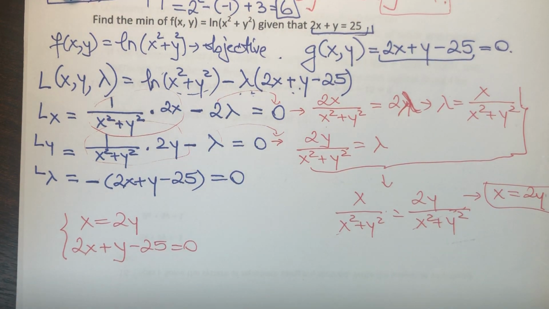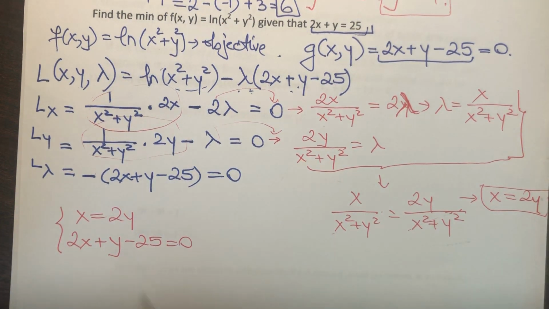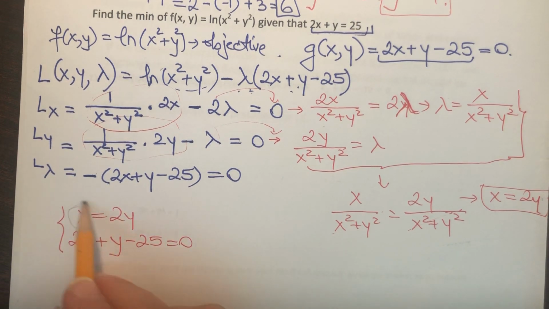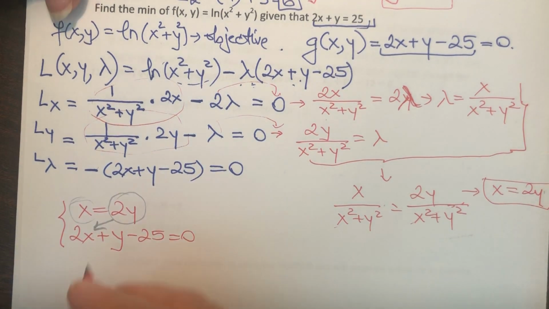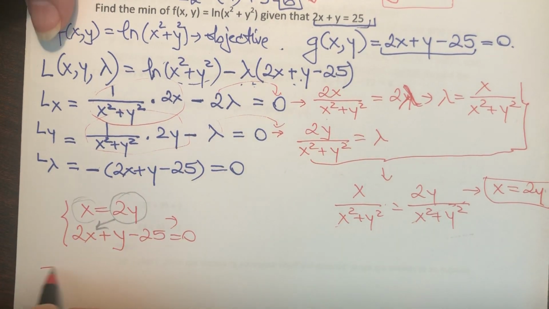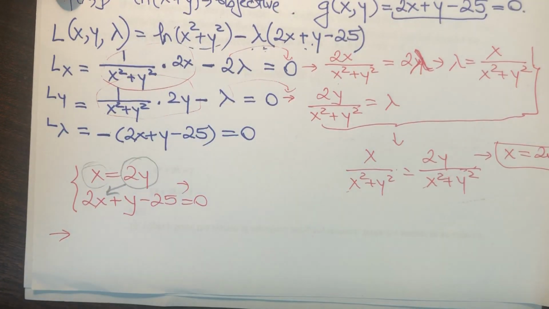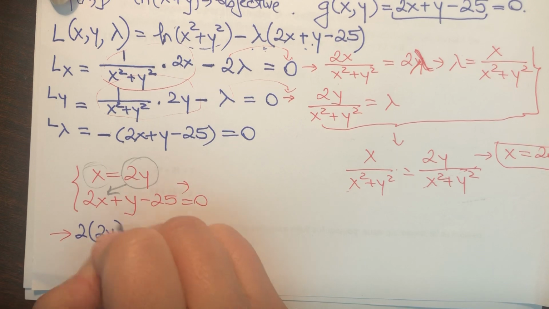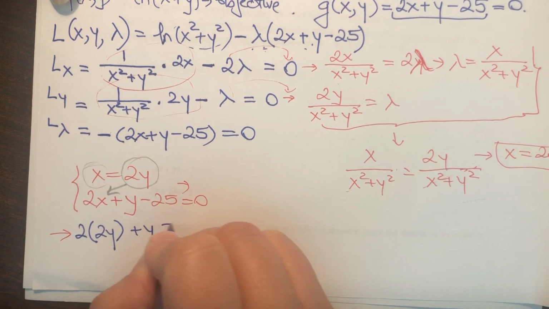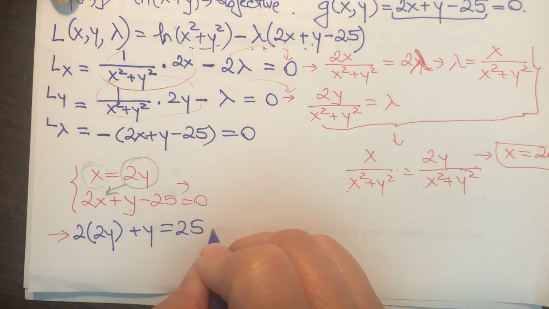So same as the problem up above, I think the best way to solve this problem is by substitution, right? Since you have this x already by itself. So I'll write it under here. We'll get that instead of x, I'll write 2y. That's what x equals to. Plus y is 25. I move the 25 over.